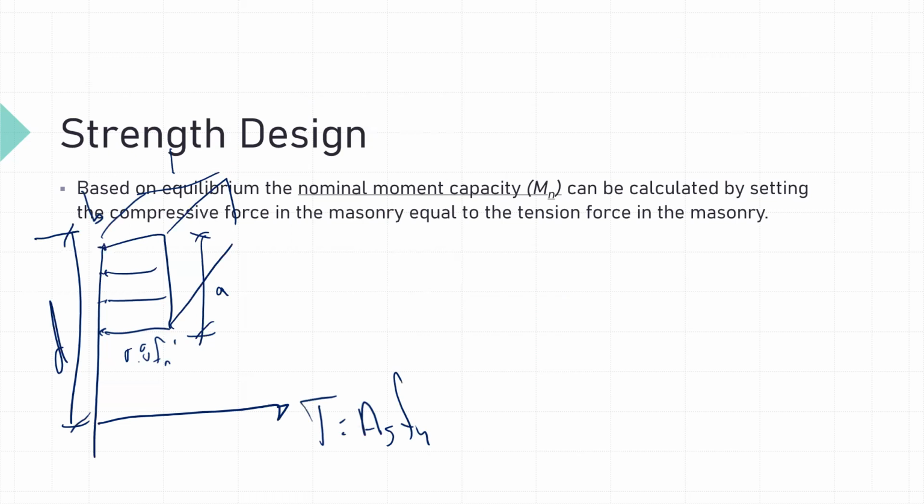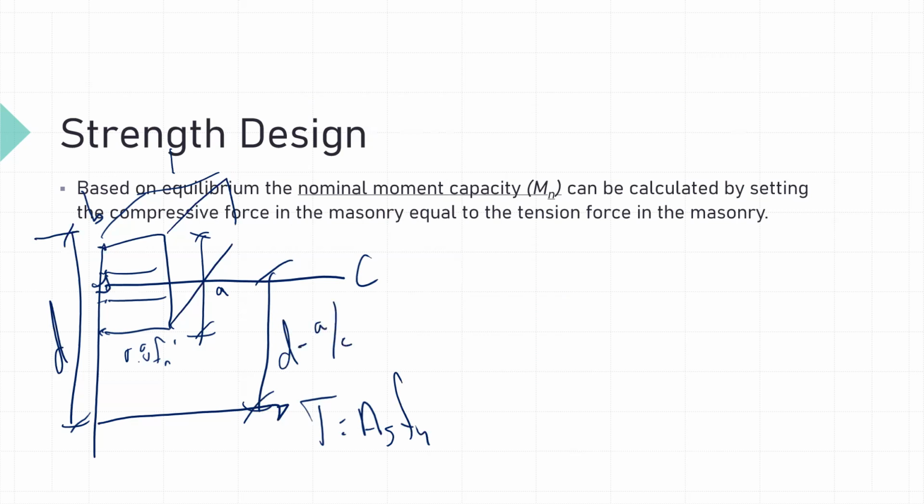And so by setting these forces equal, we can then determine our nominal moment capacity. Our compressive force will act at the centroid because this is a rectangular cross section. So if we denote that as c, the distance, our internal moment arm here, will be our effective depth minus a divided by 2.